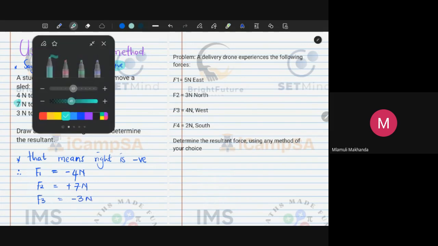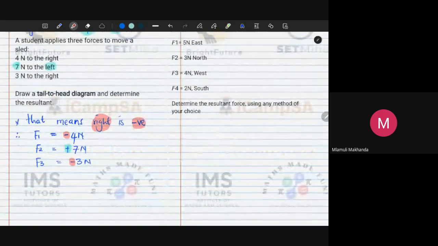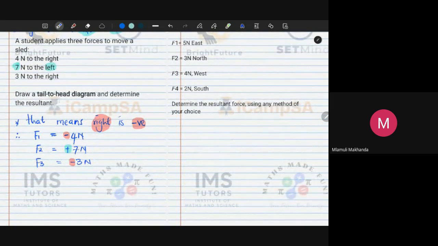Now, notice this guy is positive. The other guys would be negative because we said right is negative, like this. So therefore this guy and that guy are negative. Aha. What's the resultant now?